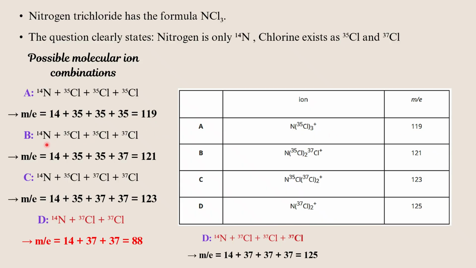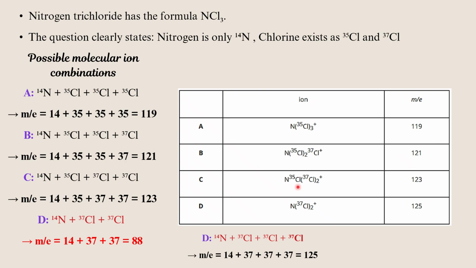So let's go for the next one. In the next option, we are provided with nitrogen, two atoms of chlorine-35 and one atom of chlorine-37. Following the molecular formula, we end up with an m/e ratio of 121, which absolutely matches the option given in the table.